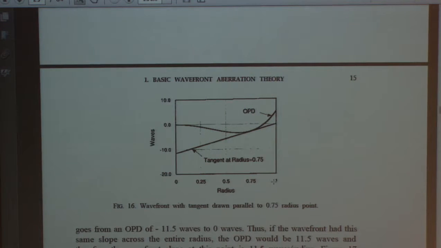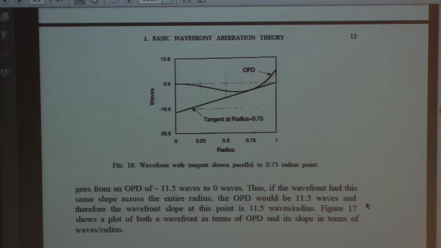So this is the radius from 0 to 1. According to my notes, this goes from minus 11 and a half to 0. So that slope right there is so many arcseconds or microradians, but I can say the slope is 11 and a half waves per radius, because this is 11 and a half waves across the radius.